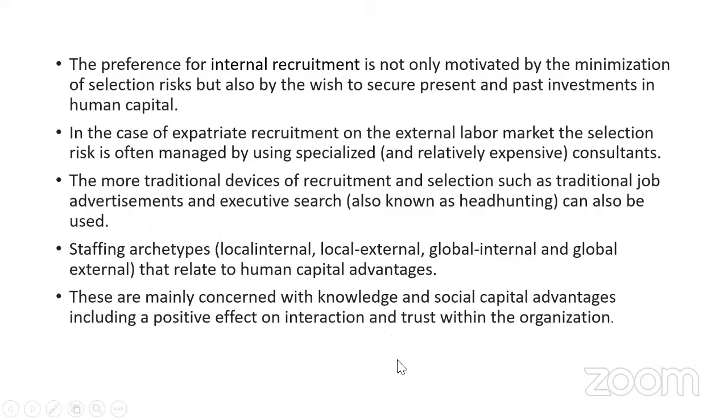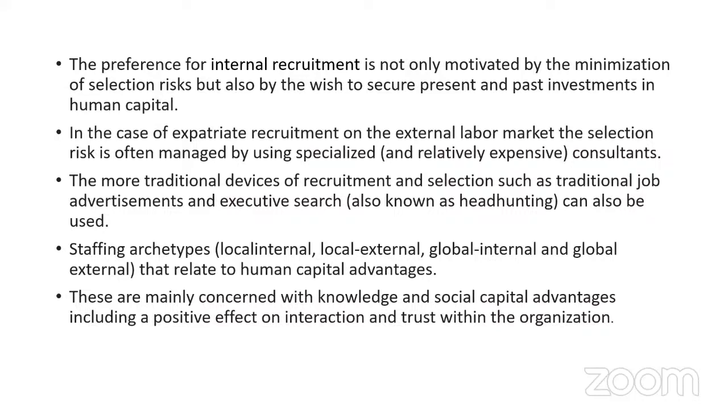The preference for internal recruitment is not only motivated by the minimization of selection risk, but also by the wish to secure present and past investments in human capital.